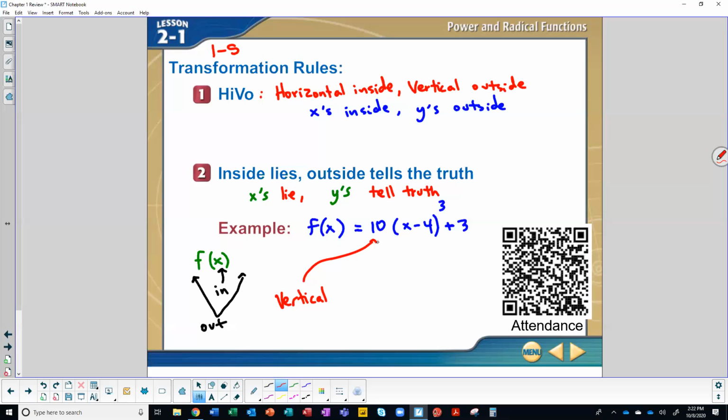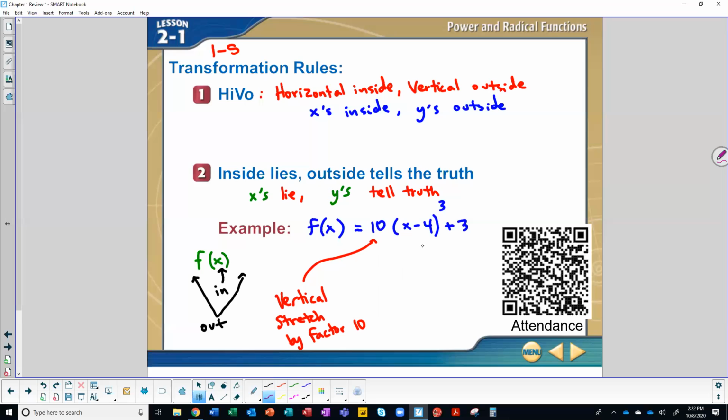It gets bigger. It stretches. That is if it's telling the truth. Now, do vertical ones tell the truth? Vertical or Y's? Do your Y's tell you the truth or do they lie to you? They tell the truth. So this is going to be a vertical stretch by a factor of 10. That's what happens first.